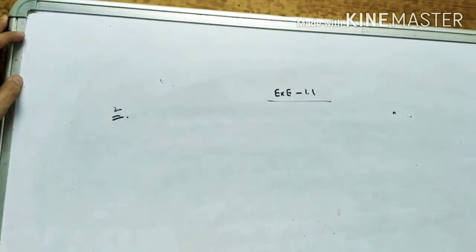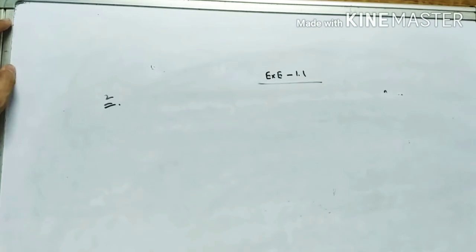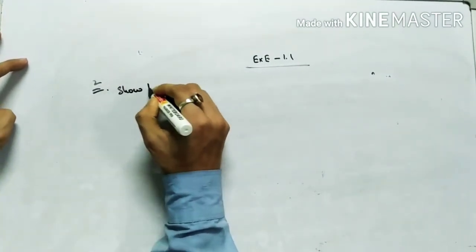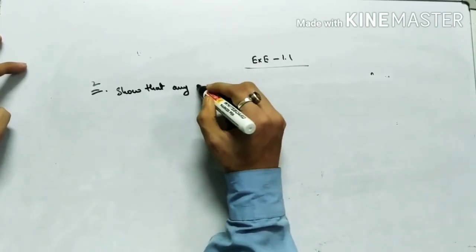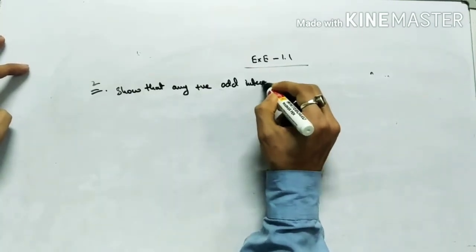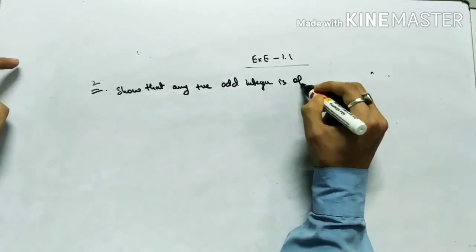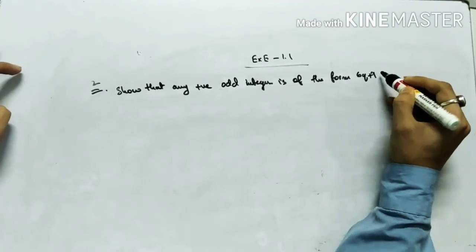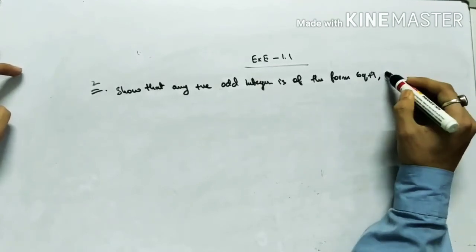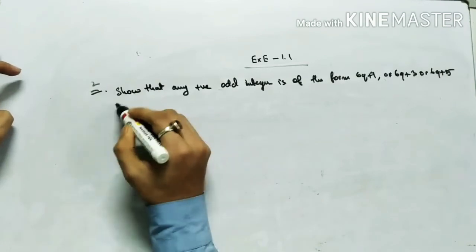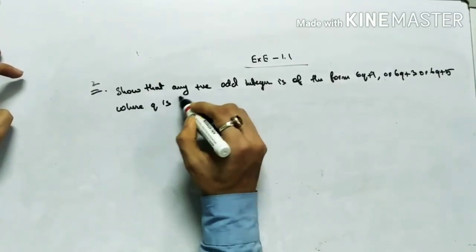So this is your type 2. So that any positive odd integer is of the form 6q plus 1 or 6q plus 3 or 6q plus 5, where q is some integer.